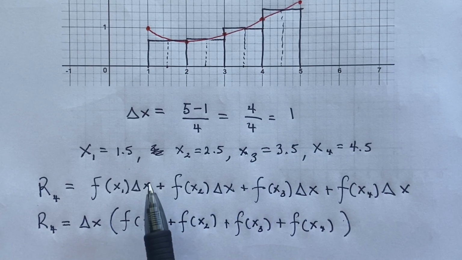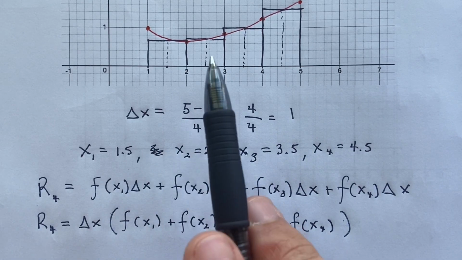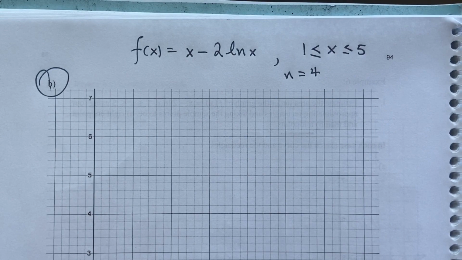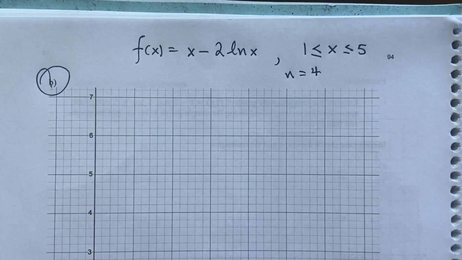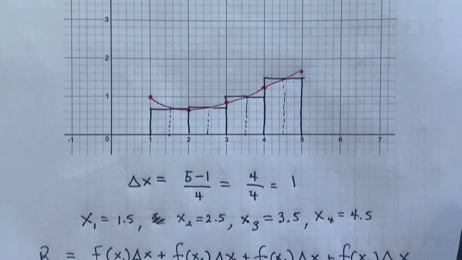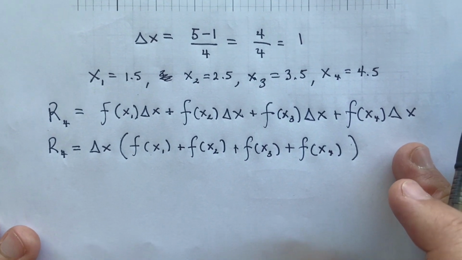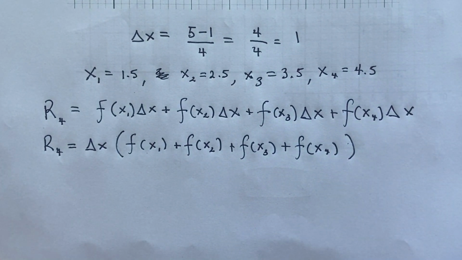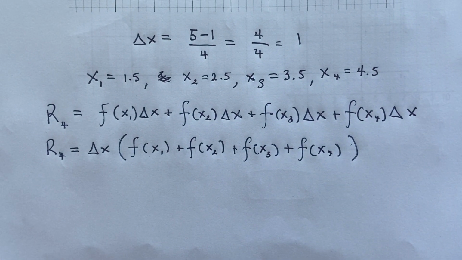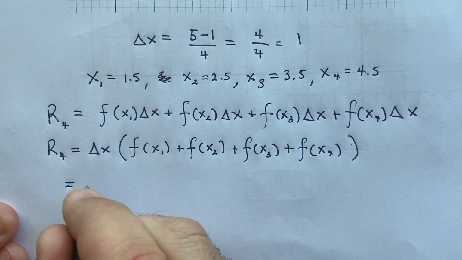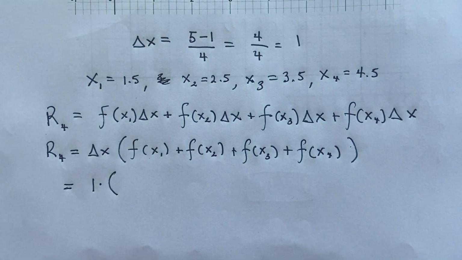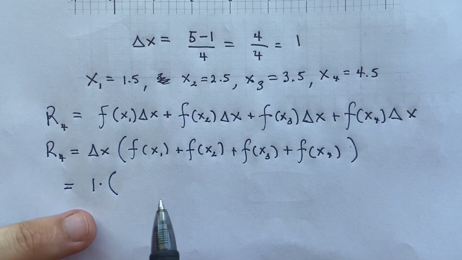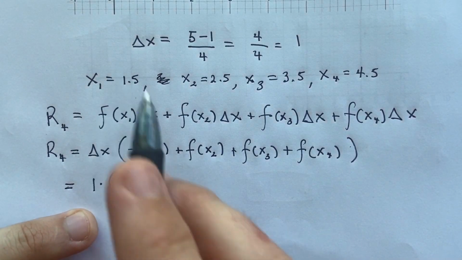So I'm going to plug in 1.5 into our function, this function here. And I'll probably just estimate again, maybe round to 4 decimal places again. So this will be 1 times f of x sub 1, which means take 1.5 and plug it in.